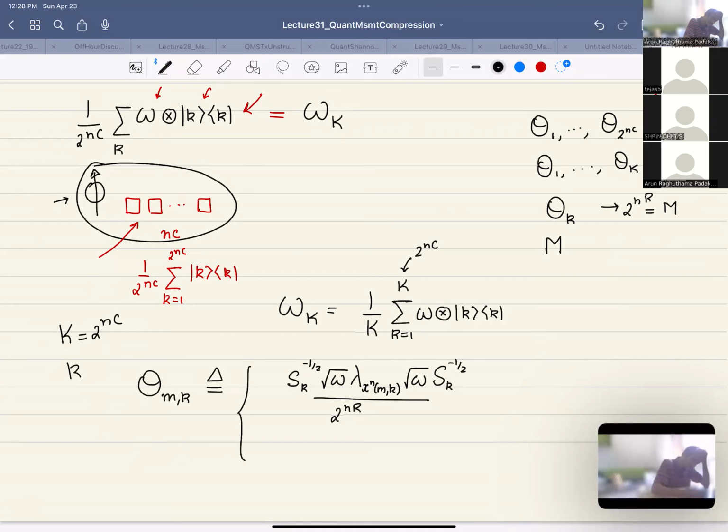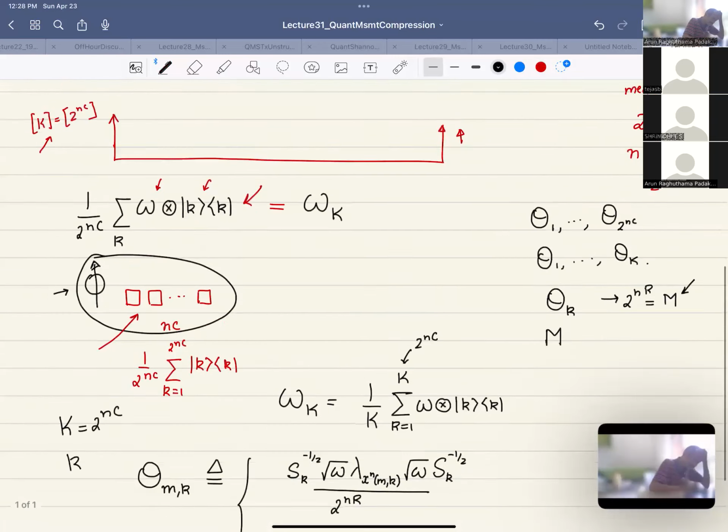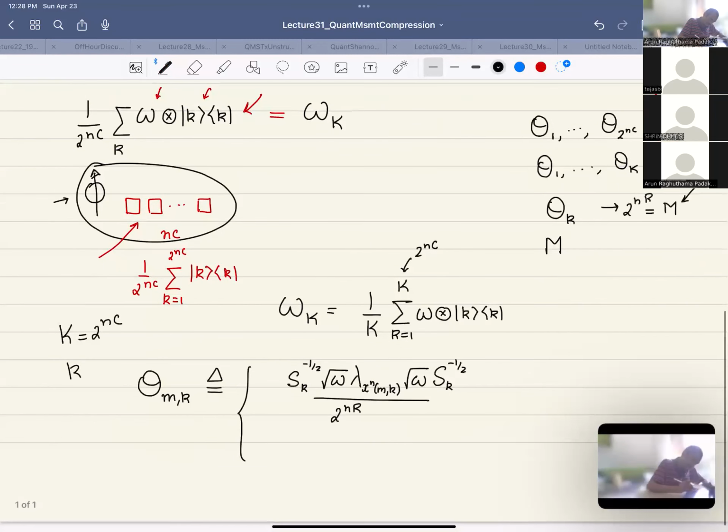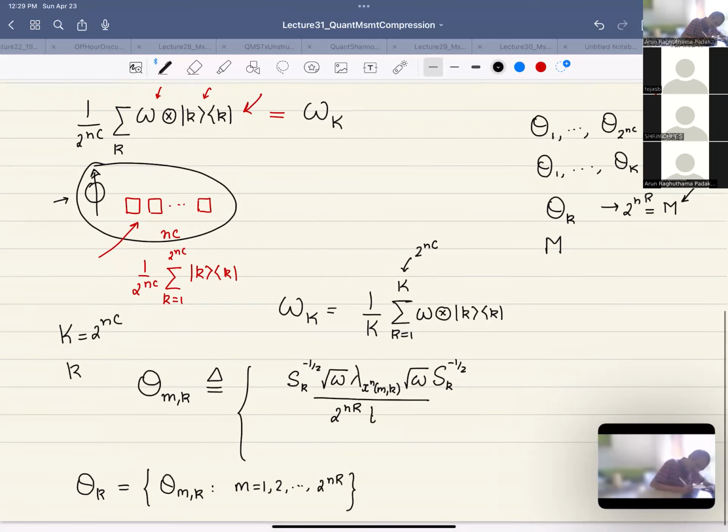So this m has to be conveyed to Bob. This k comes from nature. So Bob has essentially m and k, and from that he has to do something. So what is theta k? Theta k consists of theta mk, m equal to 1 to 2 power nr. What is theta mk? That's what I'm writing about.